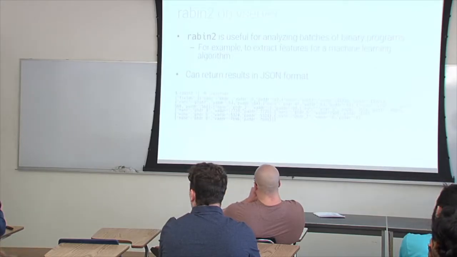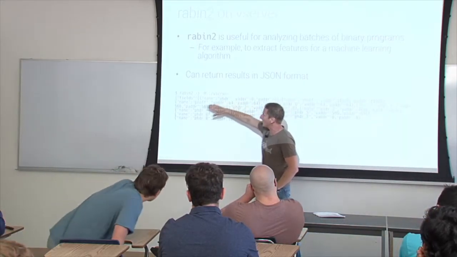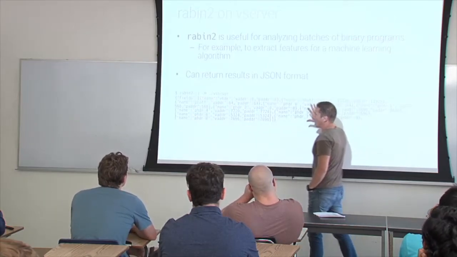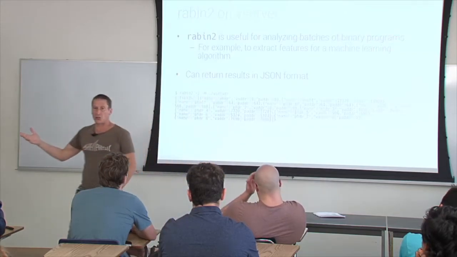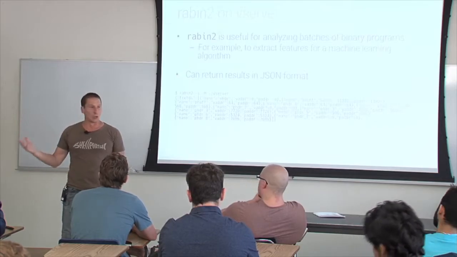Another example is that you can extract information in JSON. So instead of just printing it, it returns a JSON structure. So you can script this, load it, for example, using a JSON parser like in Python into data structures, and then you can use it, for example, to do machine learning.